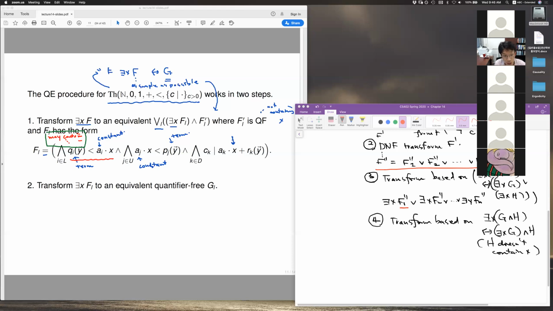So what I'm going to assume now is that q_i y and p_j y are just terms over the signature of Presburger arithmetic that we are dealing with.